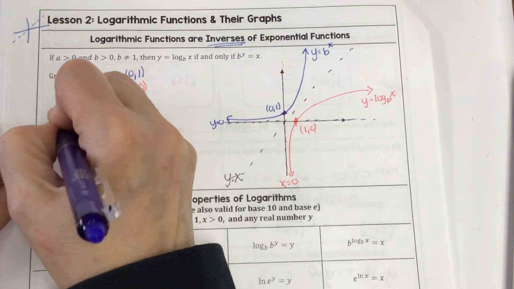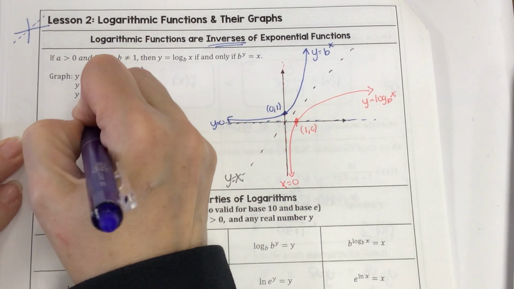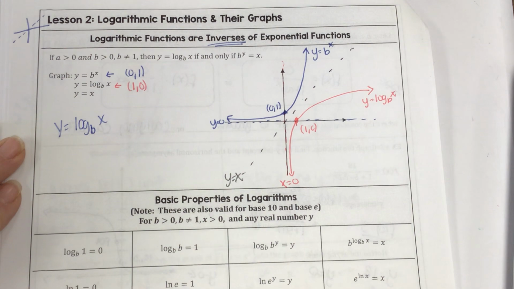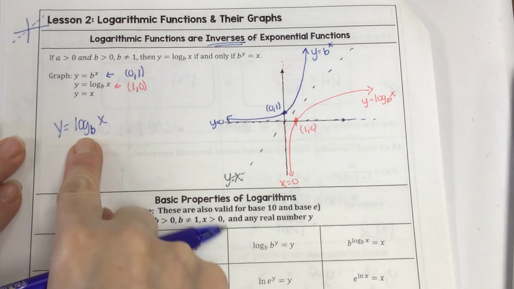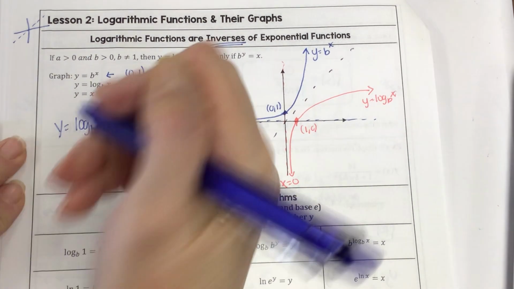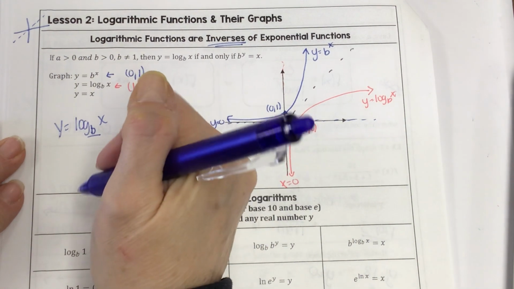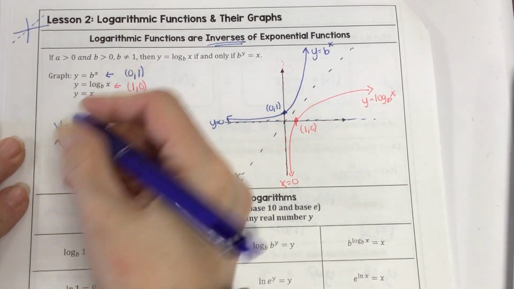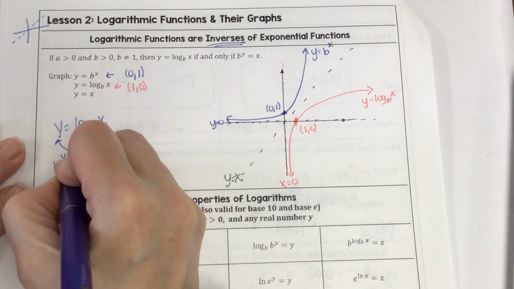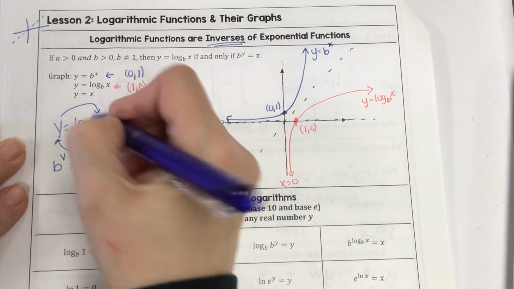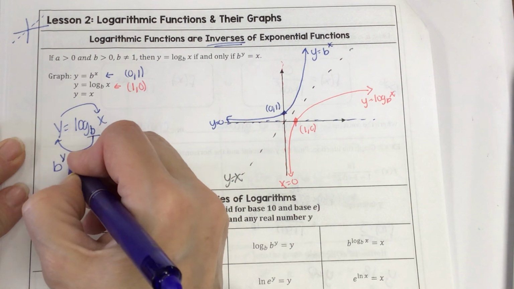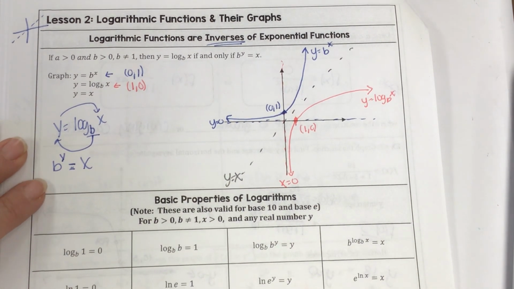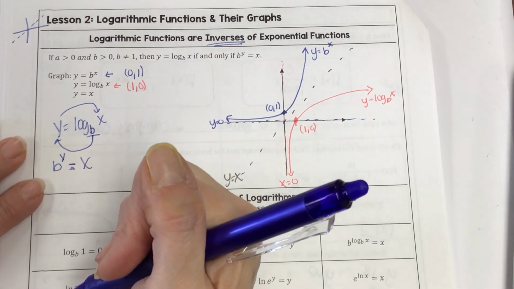Okay, if we have y equals log base b of x, you can change this to exponential form. Do you guys remember in Algebra 2 how you changed it? You went your base to this power, and it will equal whatever's over here. Do you guys remember that in Algebra 2? Switching it from logarithmic to exponential form.